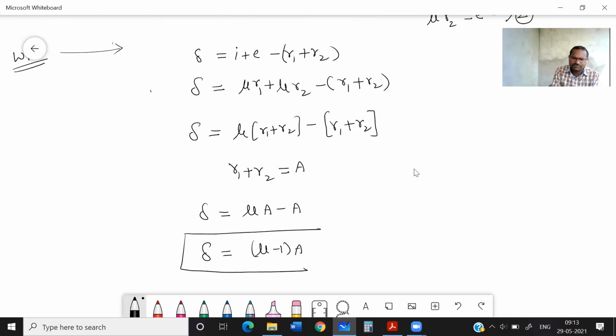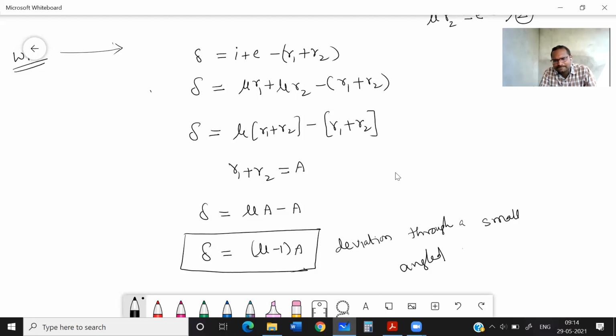You may get objective questions also on this. Or simply one more question: write an expression for deviation through a small angle prism. This is the deviation through a small angled prism.